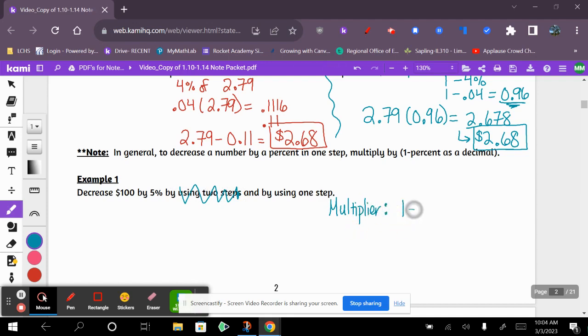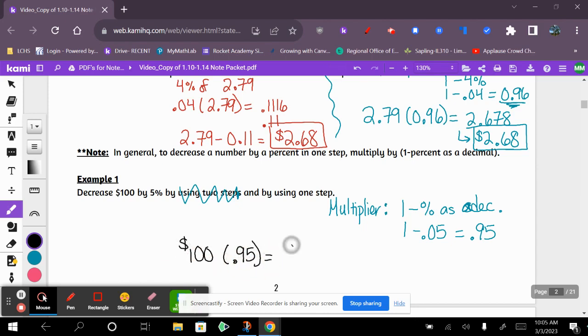So that's going to be 1 minus the percent as a decimal. 5% as a decimal is 0.05. So we get 0.95. So all we need to do now is take $100 times 0.95, and we get a nice clean $95.